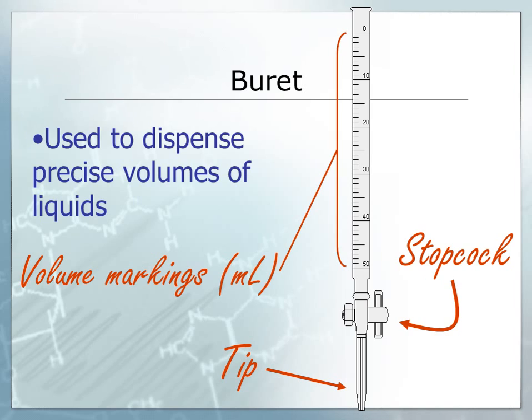The scale is reversed from what you would see on a graduated cylinder. The titrant comes out from the tip, and again that control mechanism is referred to as the stopcock. By turning it so that the handle on the stopcock is parallel to the tip and the body, that is the open position. If you turn the stopcock handle so that it is perpendicular to the body and the tip, that is the off position.